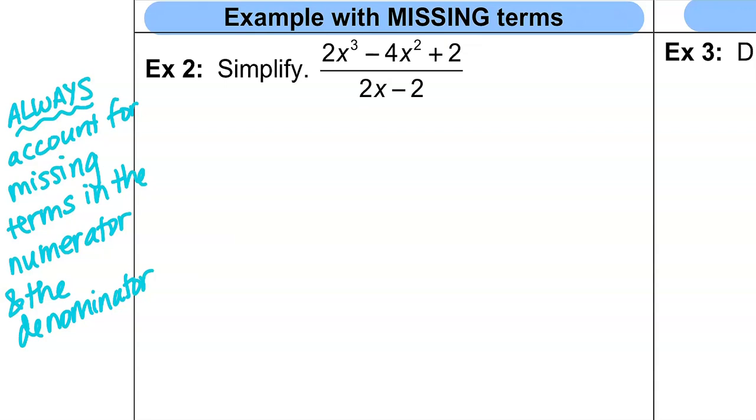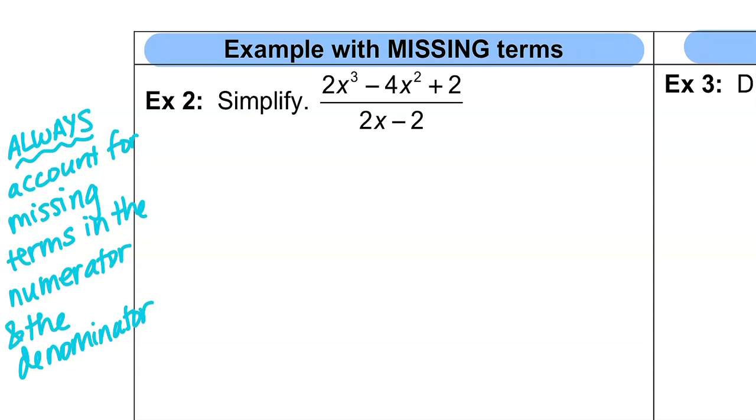Okay. So let's take a look here. Example 2. What's the highest degree in example 2? The 2x to the third is the leading term. What's its degree? 3. So you start with the highest one that you see, and you make sure that every power is represented underneath it. So is there a quadratic term?